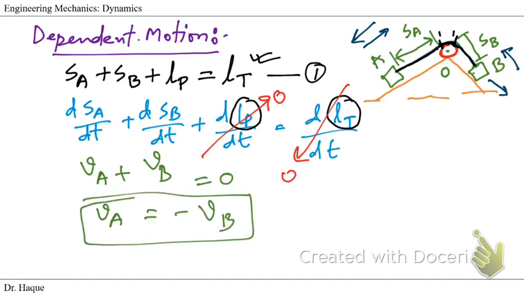What it tells us is that if one goes downward, the other goes upward, so the velocities are in opposite directions.